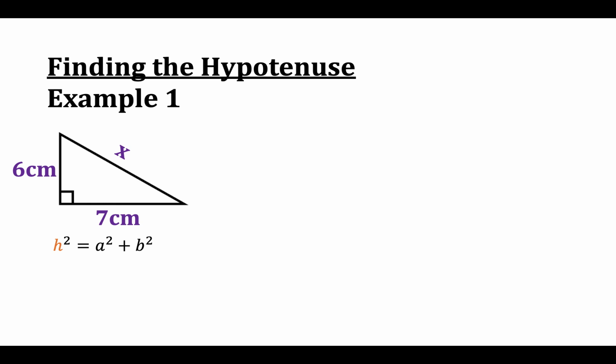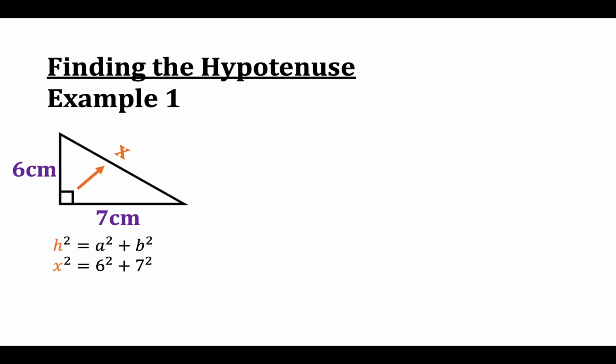So the hypotenuse squared is equal to one of the other sides squared plus the other side squared. So we can see here that our hypotenuse is x. So we can substitute that in for h. So x squared is equal to 6 squared plus 7 squared.